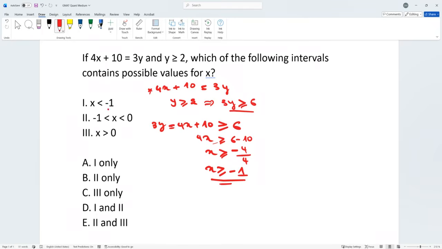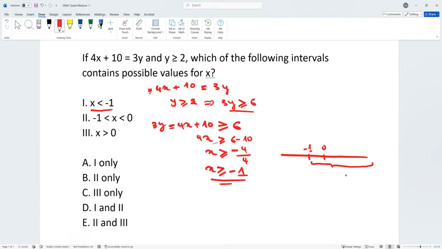So if we have a look at this, the first interval says x is less than minus 1. If we have a number line here, we have 0 here, we have minus 1. Here we found that x must be greater than or equal to minus 1.